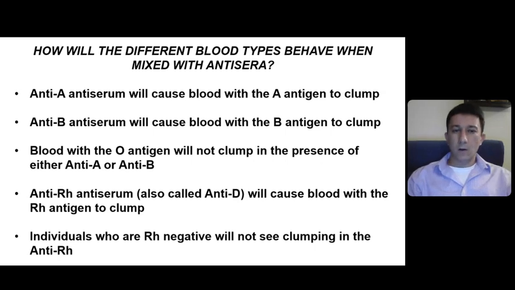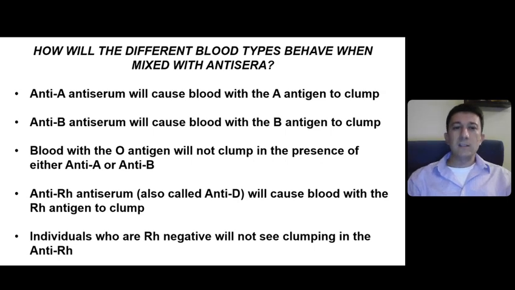So to start off, we have anti-A anti-serum, which will cause blood with the A antigen to clump. So that is, if we test A-type blood with the anti-A anti-serum, we would see clumping. Same with anti-B, so the anti-B anti-serum will cause blood with the B antigen to clump.